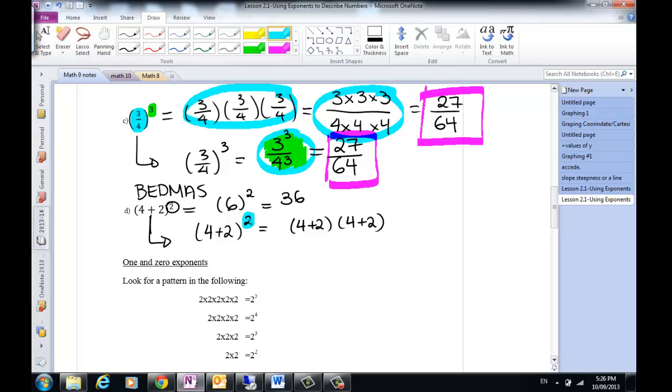Don't forget that this exponent is telling you that you're multiplying whatever is in the brackets twice, which is why we can rewrite it as bracket 4 plus 2 bracket multiplied by bracket 4 plus 2. And this again is going to simplify. Inside the brackets here, this becomes 6. My other brackets is 6, and therefore I get 36. Again, both ways worked. BEDMAS was much easier and a lot less writing.